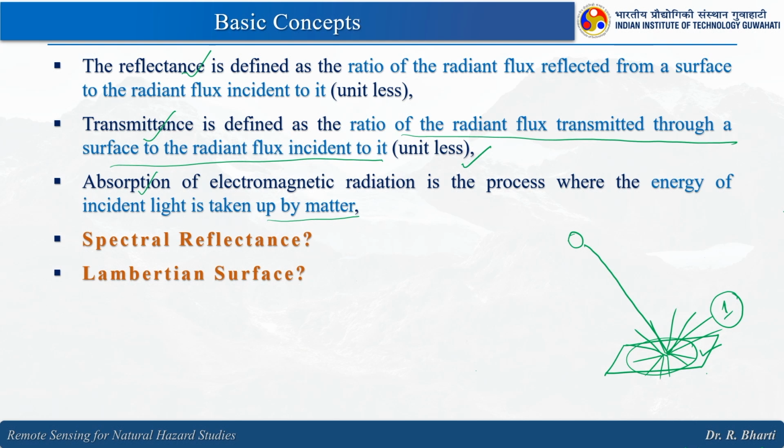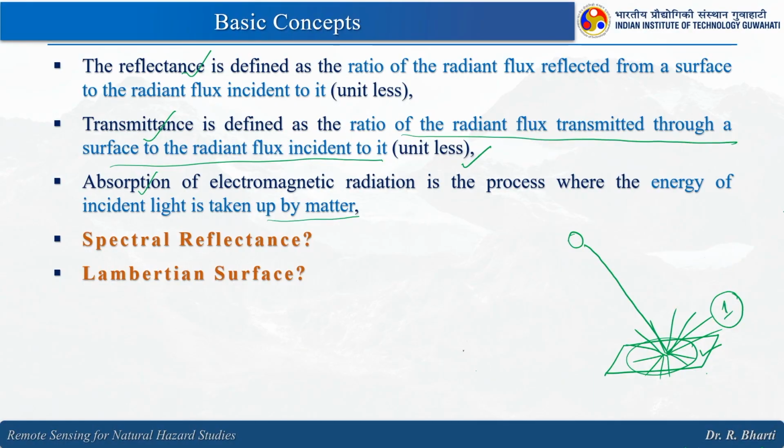So, if we consider, you may remember the black body concept, right. So, black body absorbs all the incoming radiation. So, in such situation what will happen? Your black body will receive zero reflectance, right. So, if I put a black body here, the property of the black body is it will absorb all the incoming radiation, right.